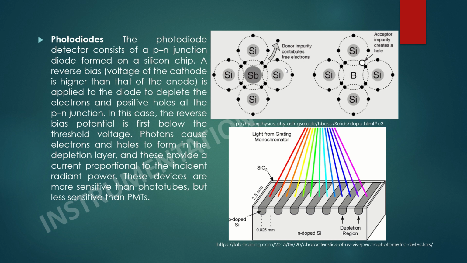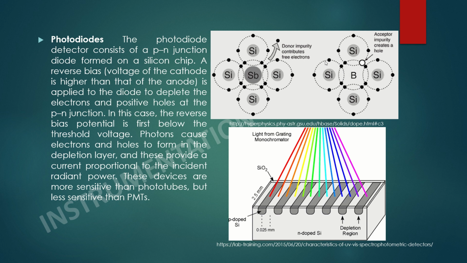Now, another type of detector is the photodiode. There are two types of diodes, P type and N type. In P type, there is an impurity within the silicon moiety, which creates holes by accepting electrons from the silicon.